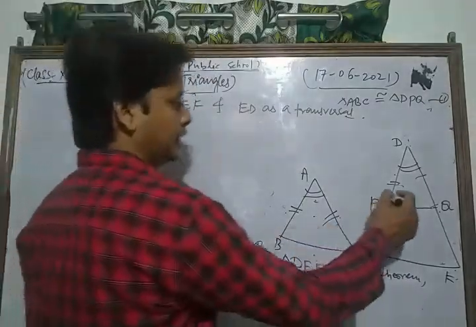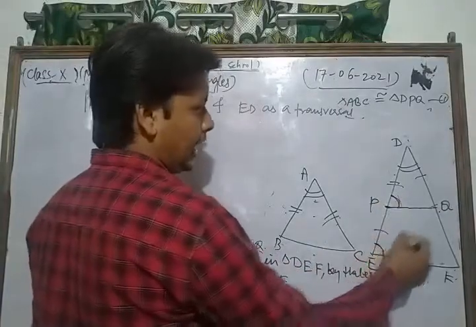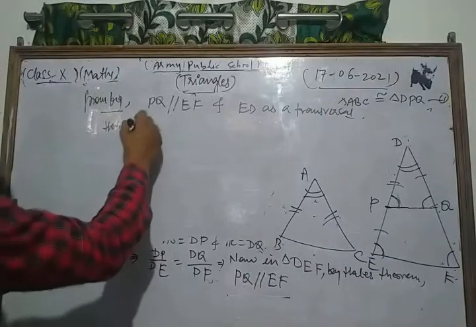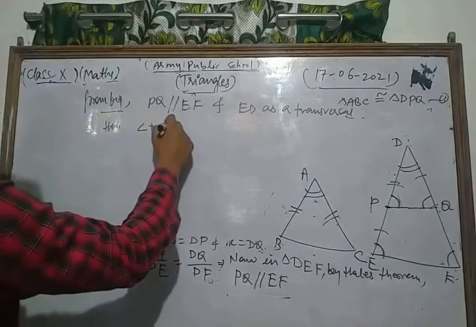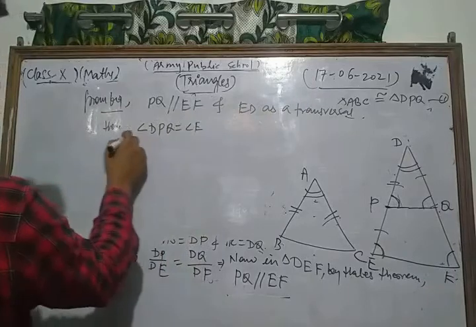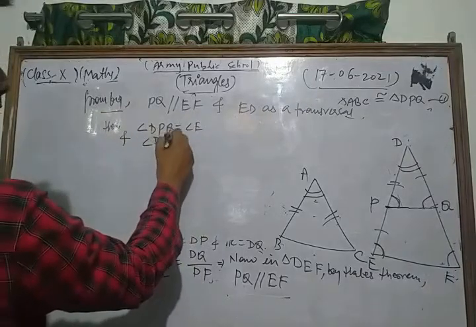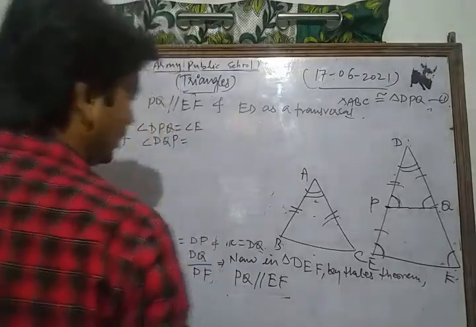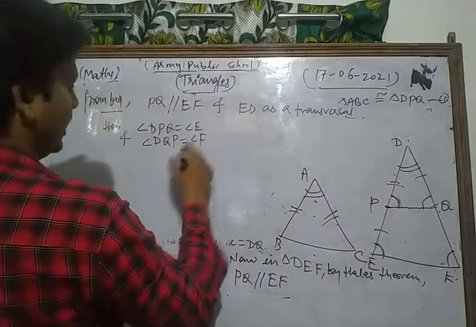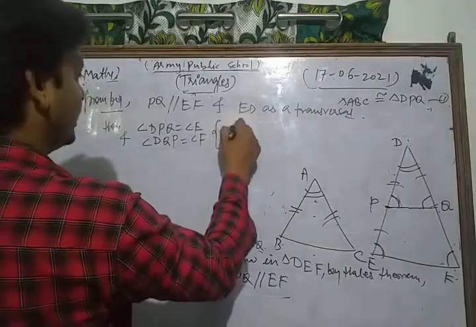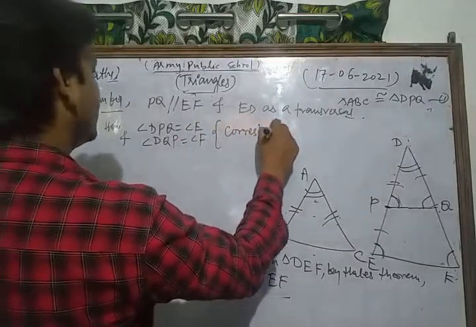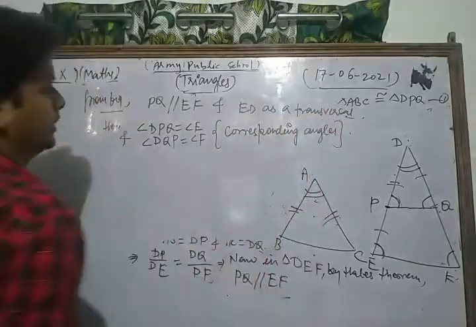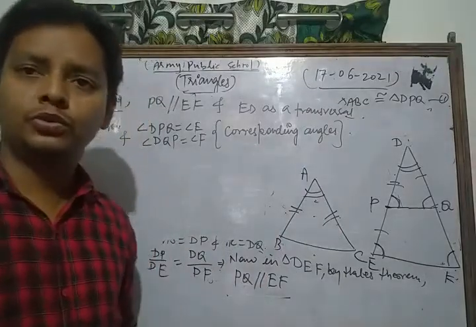So angle DPQ is equal to angle E, and angle DQP is equal to angle F. These are corresponding angles, and corresponding angles are equal to each other.